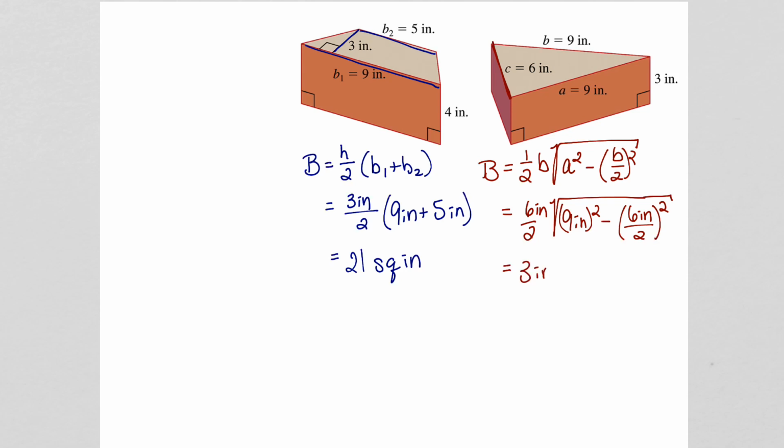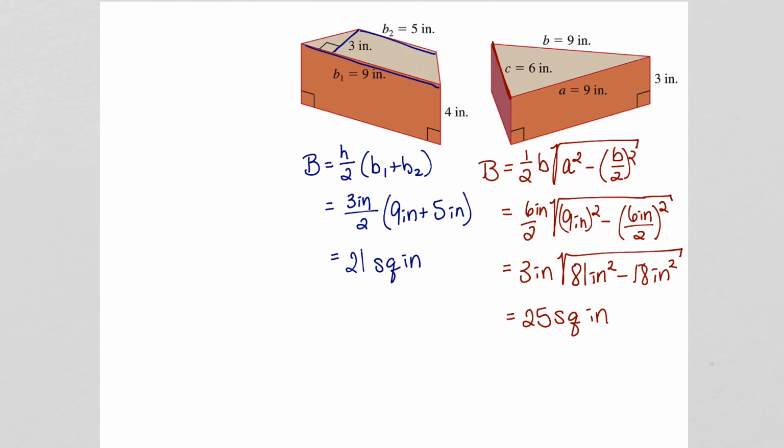So we'd have 3 inches, and then the square root of 81 square inches, minus 36 over 2, so that would be 18 square inches. And we should end up with 25 square inches for the area of that base.